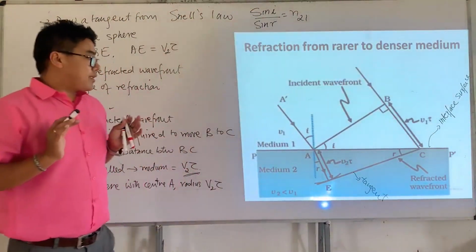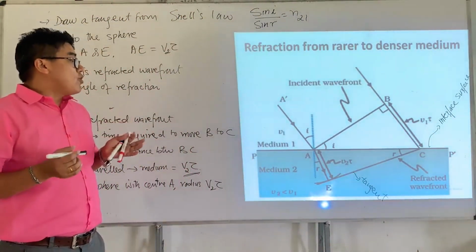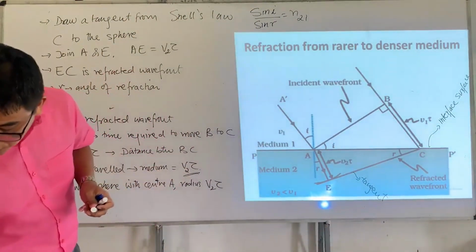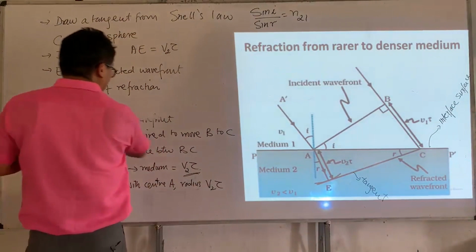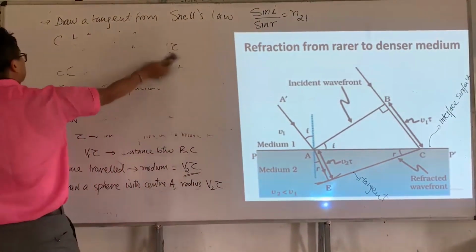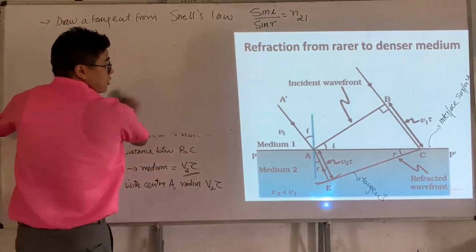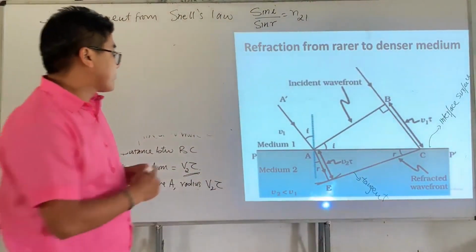Now we are going to find out what is sin I and then what is sin R. This is what we are going to do. So look at here.